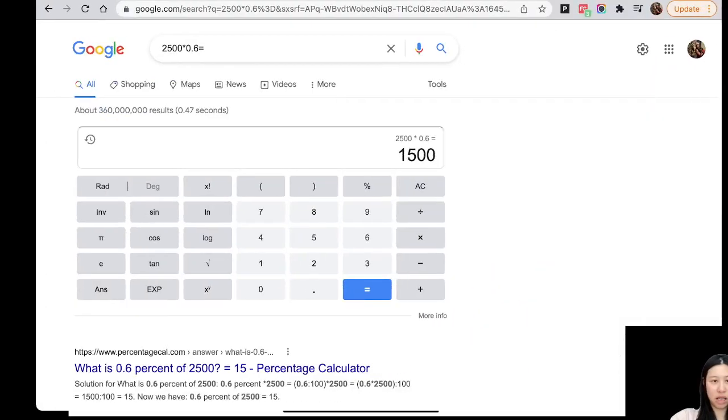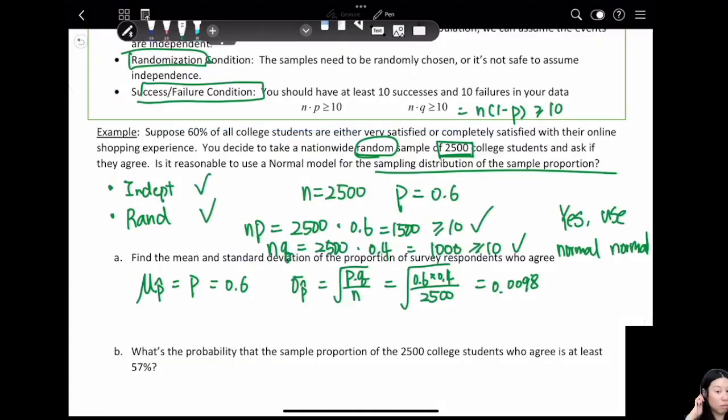So the square root of 0.6 times 0.4 divided by 2,500 should be 0.0098. So that would be our standard deviation of the proportion.